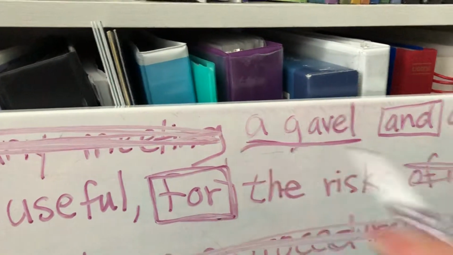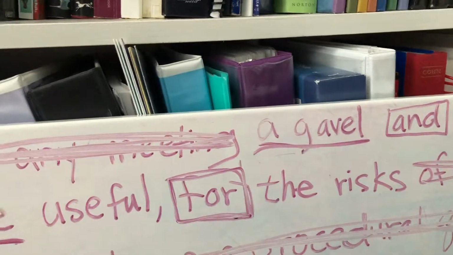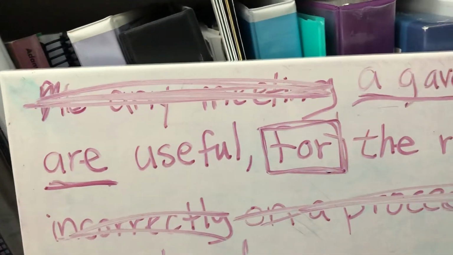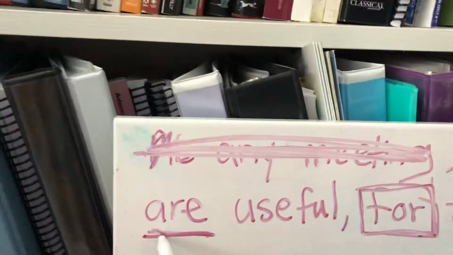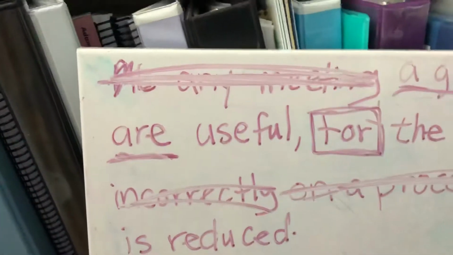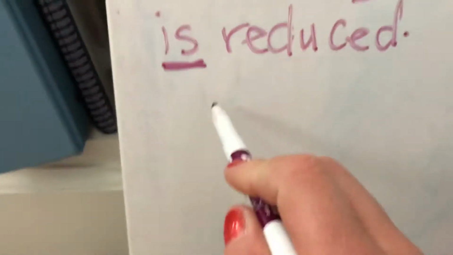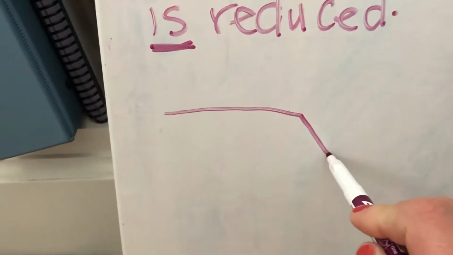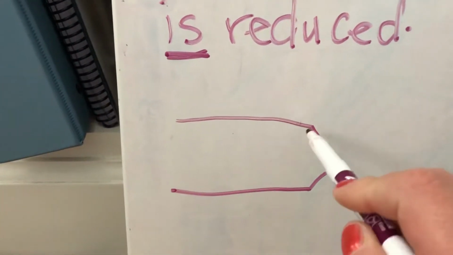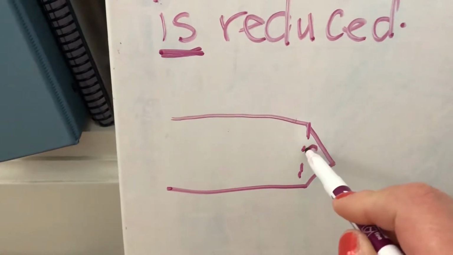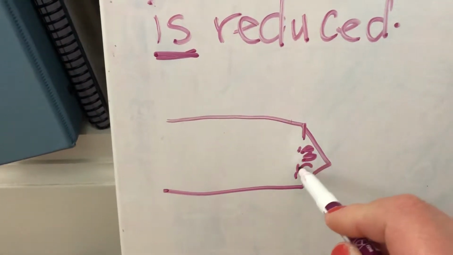So we have a gavel, which is actually just one. So if it was "a gavel is useful," then that would be correct. And then we have "a rulebook is useful." But in this context, it has to be "are," and I'll show you why. This is something you probably already know, but I'm just going to draw it for you. Okay, so "and" is being used to join two things together here, right?